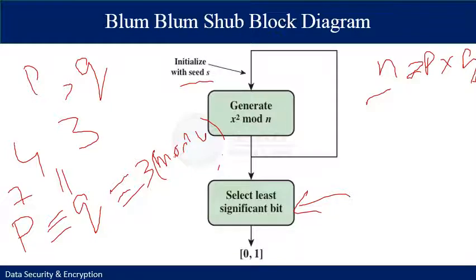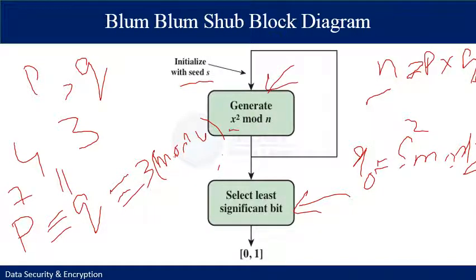So for any initial input x of 0, you have a function which is s squared, and you take the mod with n. So the initial input is fed to generate x squared mod n. To generate any next input x of i, the x of i minus 1 input is squared and taken mod n.